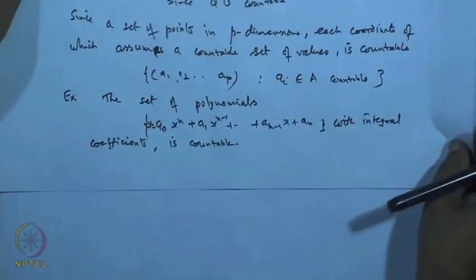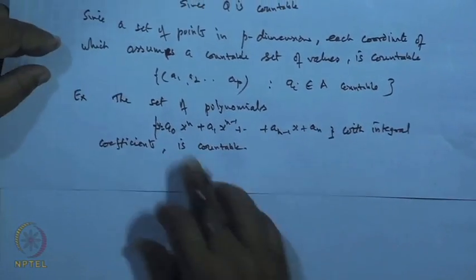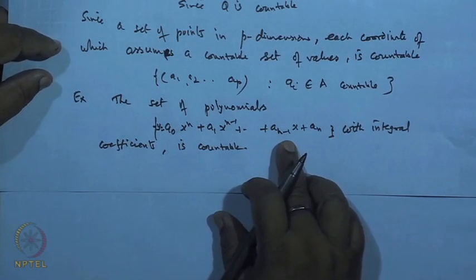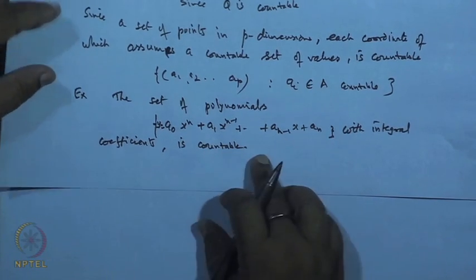Means this set of polynomials where the coefficients are integers is countable.